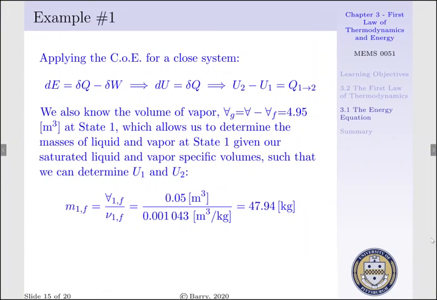The mass of our saturated liquid at state 1 is equal to the volume of our saturated liquid at state 1 per our specific volume of our saturated liquid at state 1. The volume of our saturated liquid at state 1 is 0.05 cubic meters, and our specific volume of our saturated liquid at state 1, i.e., nu sub f, taken at a pressure of 100 kPa, is 0.001043 meters cubed per kg. Thus, we have 47.94 kilograms of saturated liquid at state 1.